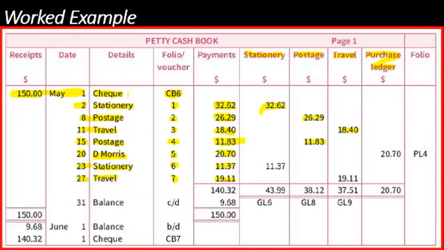And Morris is a creditor in the purchases ledger, so we will put him in the purchases ledger here, and we will have to give a folio for him.